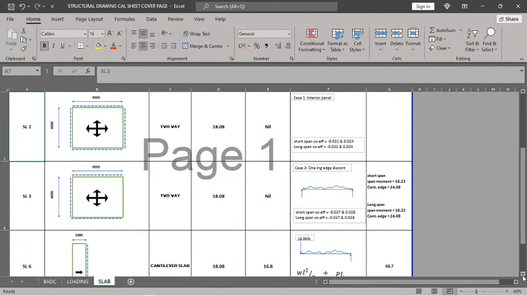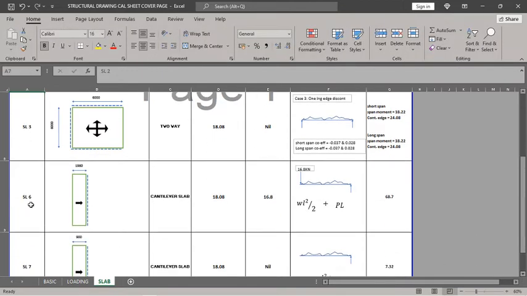Then I move on to the cantilever slabs 6 and 7. 6 and 7 are both cantilever. The difference is the span. For 6, I have 1.98 as the span, and for 7, I have 0.9 as the span.